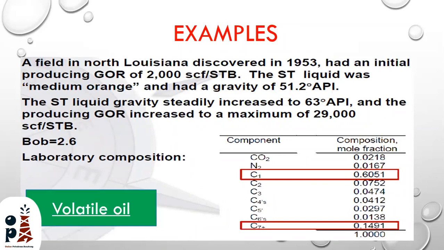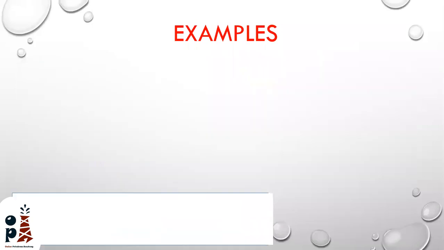We can also notice in the composition below that the C7 plus mole percent is about 14.91, so it is higher than 12.5%, so it is a volatile oil reservoir.